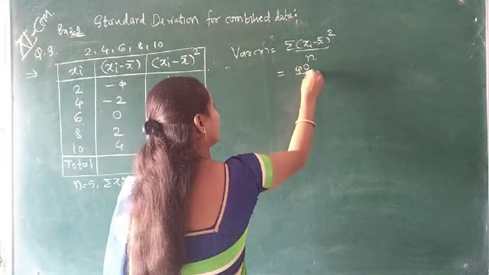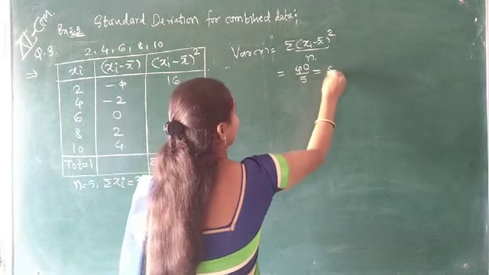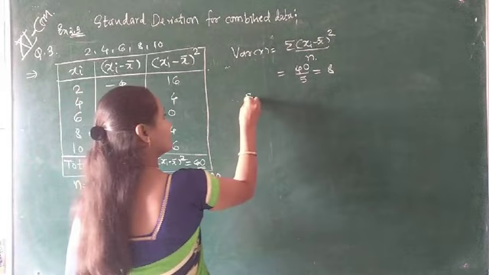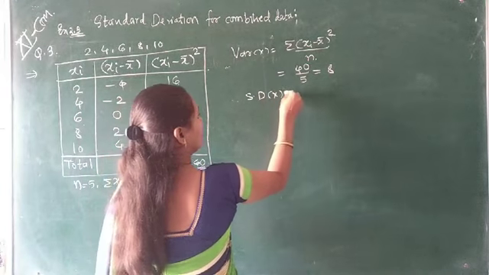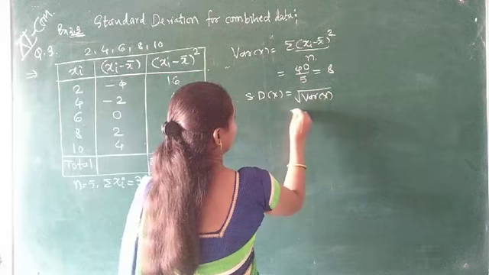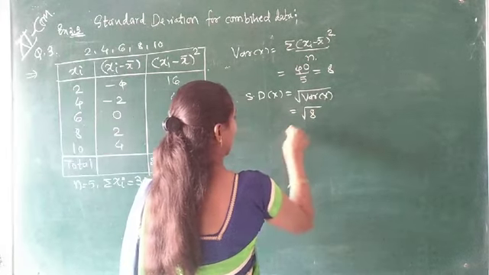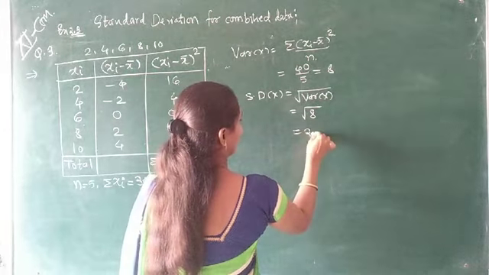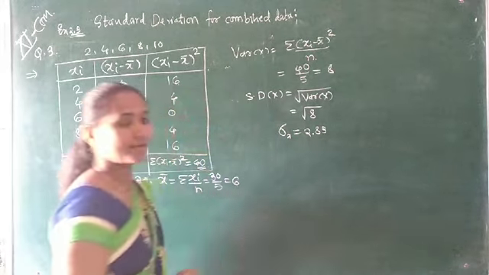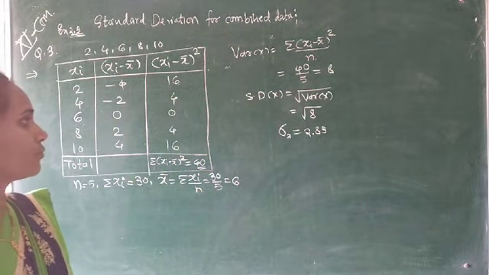That is 40 upon n, and n is 5. Hence variance of x is 8. Therefore, what is the standard deviation? It is equal to under root variance of x, that is root 8, and root 8 is approximately 2.83.